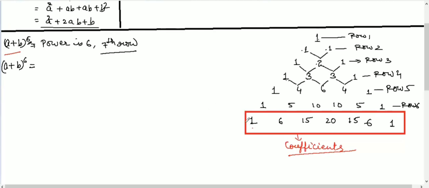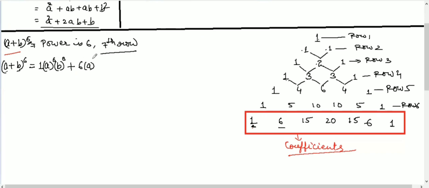The first coefficient, you can see here, is 1. Write down 1, then the first term, which is a, and the power will start with 6, and write down the next term b, which will start with power 0. Then a plus sign and write down the next coefficient, which is 6, and multiply by the first term, and the power will decrease by 1 every time.